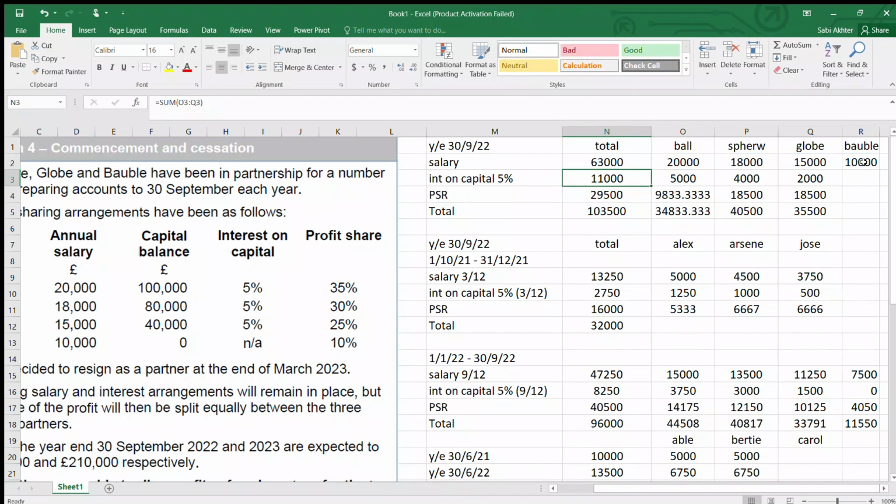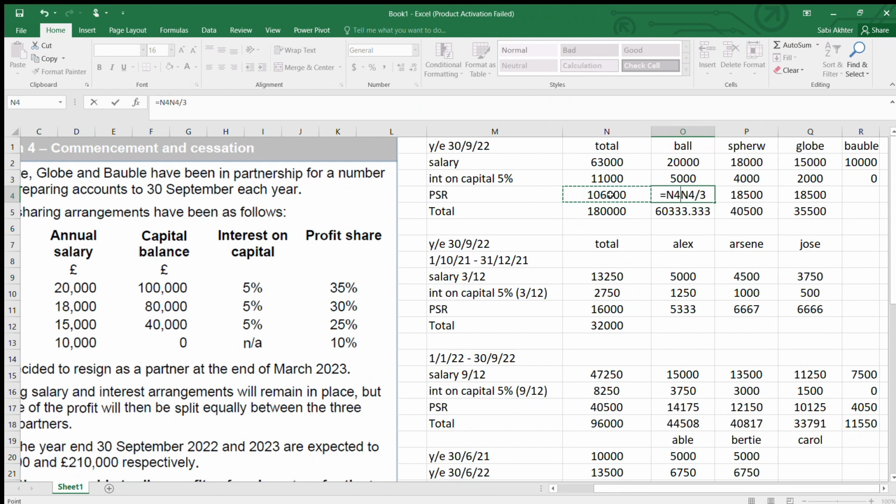Okay, so the salary sum is this one, and interest is 5% on 100, 80, 40. So it's 5,000, 4,000, 2,000, and 0. That's 11,000. Total is 180,000, so this is 106.